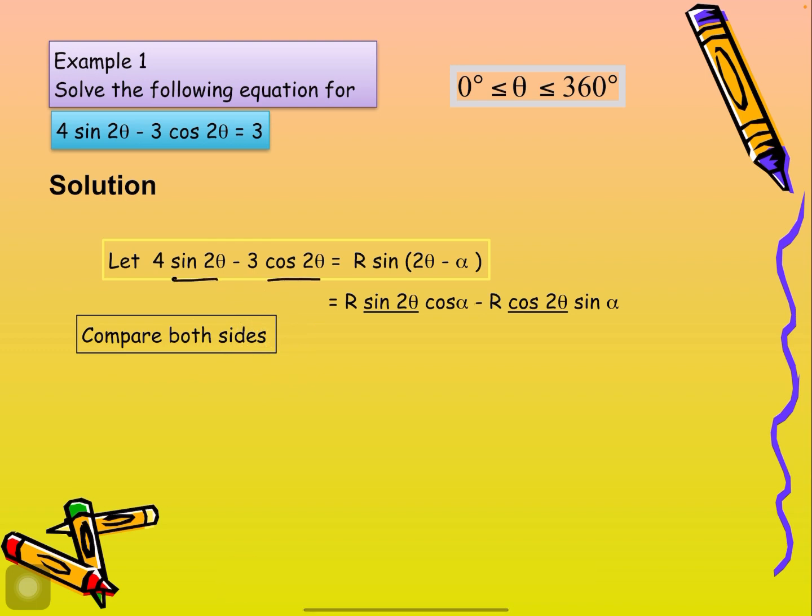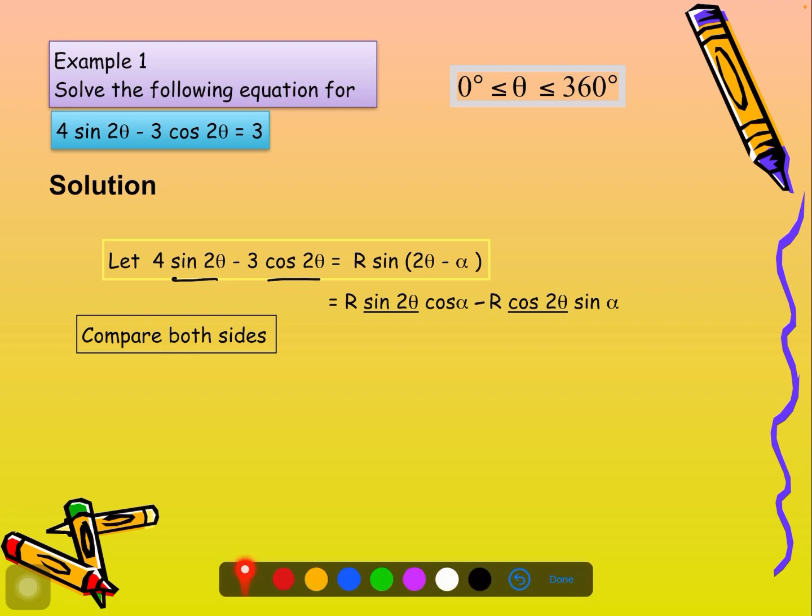So we have sin 2 theta on the right hand side and also on the left hand side, so we compare the coefficient of sin 2 theta on both sides. So r cos alpha equals 4. This is the coefficient of sin 2 theta on the left hand side, 4.